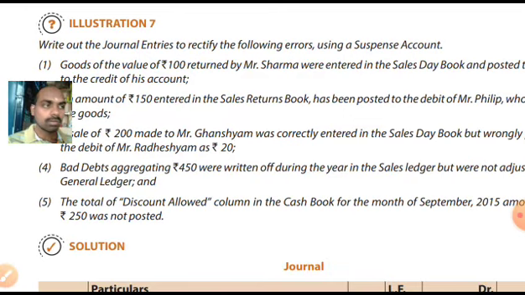If it is clerical errors, we need to see whether it is an error of complete omission. If it is completely omitted, then we need to write a new general entry in the books.